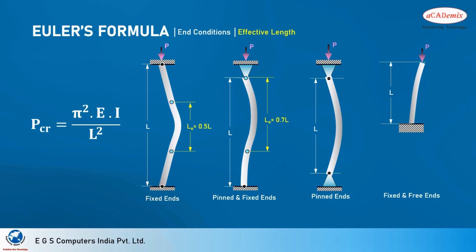For pinned ends, effective length is equal to the length of the actual column. For fixed and free ends, it is double the length of the actual column.